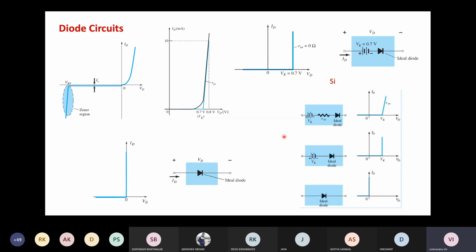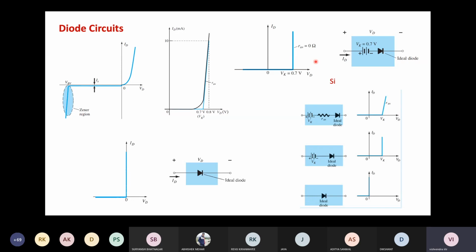This is known as the piecewise linear model. This is also a realistic model, and this is known as the ideal model of the diode. In the piecewise linear model, the diode is modeled by an ideal diode in series with an average resistance and a battery.